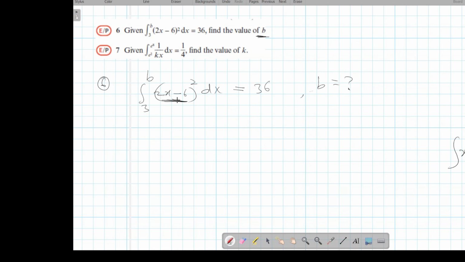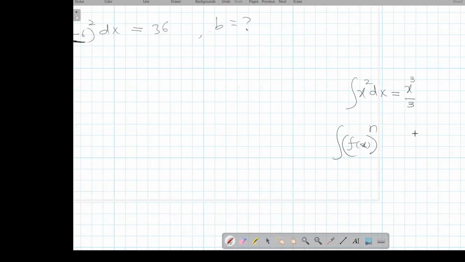But what if we have some other function other than x inside the power, f of x to the power n? What is the rule in this case? The rule is the same: add 1 to the power and divide by the new power.